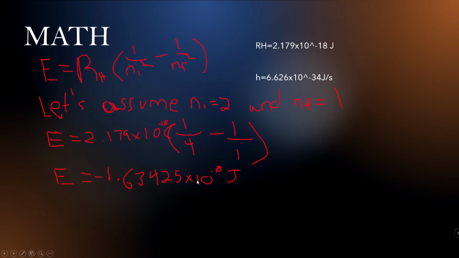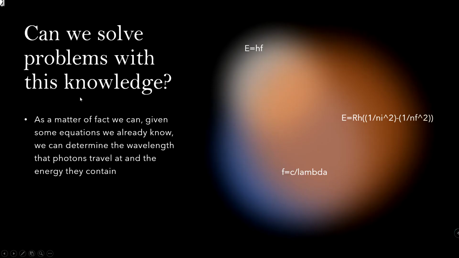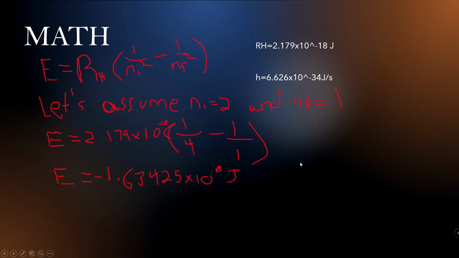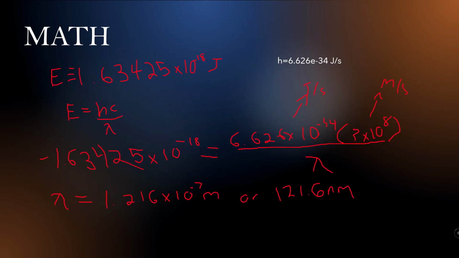That energy is going to be released as a photon, which is what we were talking about earlier, right? So if this is the energy that a photon contains, from a hydrogen particle losing energy, then that's where this wavelength is coming from.